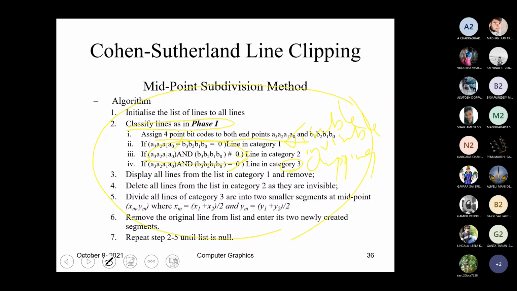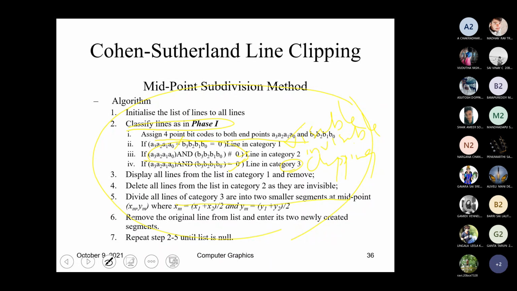Then if bit 1 is 1, then the line intersects with the left boundary of the rectangular window. So you will divide the line into two smaller segments, calculating the m value.